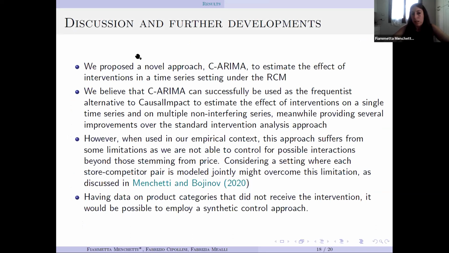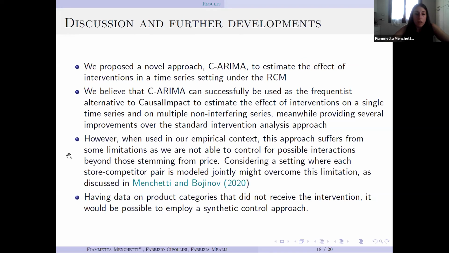So in the end, we propose this novel approach to estimate the effect of interventions in a time series setting. We believe that this approach can successfully be used as the frequentist alternative to causal impact to estimate the effect both on a single time series and on multiple non-interfering series, providing also several improvements over the standard intervention analysis approach.